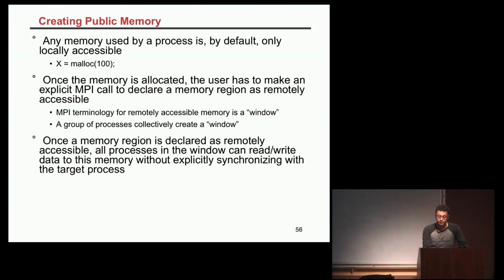And what usually happens is once you declare a memory region as a window, the system will register it on the network, and make everyone else know that these addresses are available to you to write, and these are the physical addresses. You can basically directly write to that physical address. So there's some sort of broadcasting happening under the covers when you call window create.